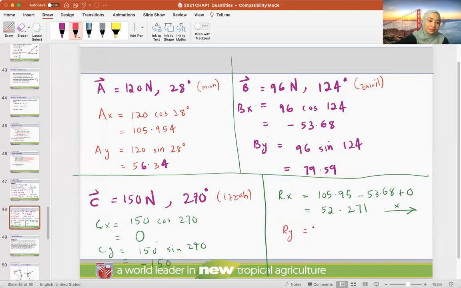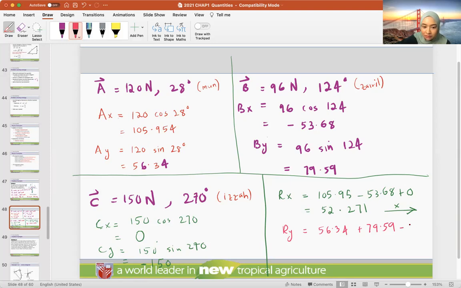Okay, apa RY? Saya 56.34. Okay. Lepas tu 79.59 tambah. Lepas tu kena tolak 150.